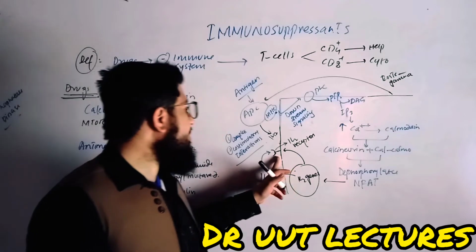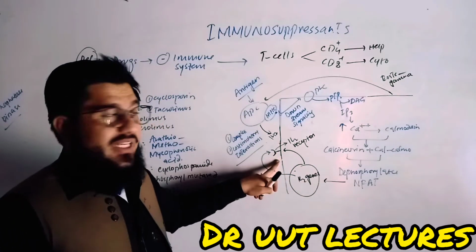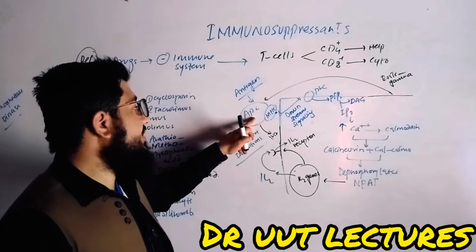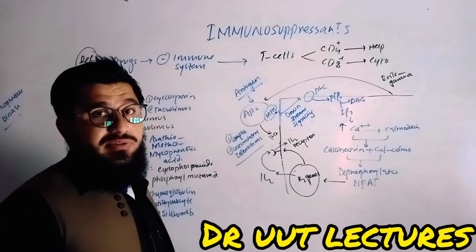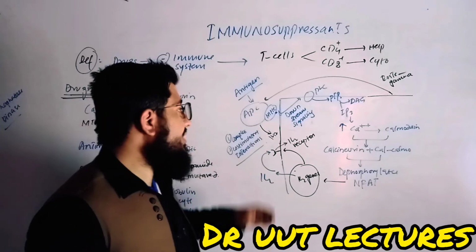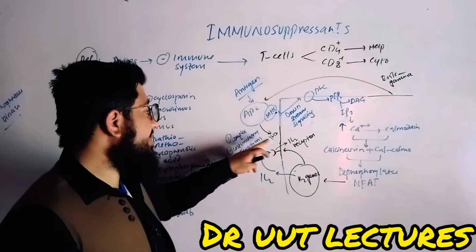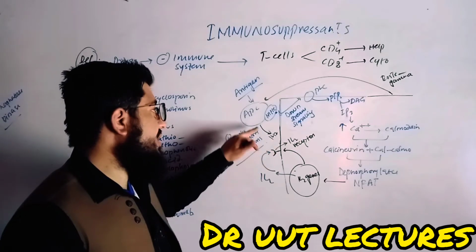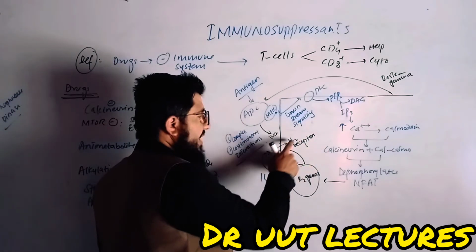And in some textbooks, it is mentioned that these IL-2 receptors are synthesized by the interactive mechanism of the APC. When the antigen presenting cell is interacting with the T cells, it releases some chemicals responsible for the co-stimulatory interactions. These chemicals, IL-12, are again responsible for the synthesis of IL-2 receptors.